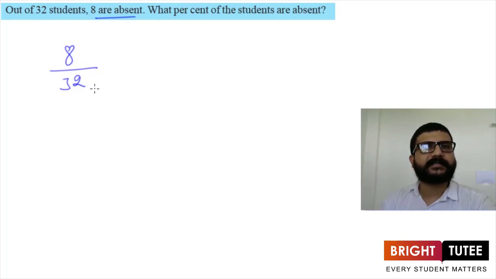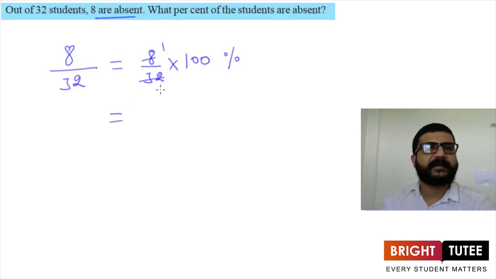Now we have to convert this into a percent. For that, we can simply multiply the fraction with 100, and this is the percentage. Now we have to simplify this. 8 ones are 8, 8 fours are 32. Now 4 ones are 4, 4 into 25 gives us 100.